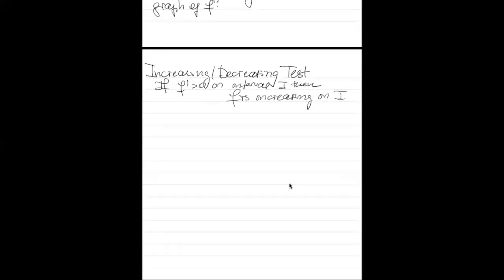You can draw a picture. F prime positive means the slopes are positive. That means they go up and to the right. And if f prime is negative, that means the slopes are going down on interval I, then f is decreasing on that interval I.